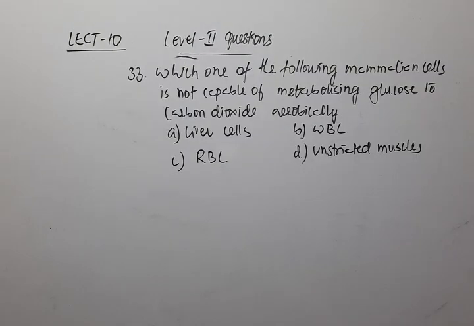The next question: which one of the following mammalian cells is not capable of metabolizing glucose to carbon dioxide aerobically? To metabolize glucose to carbon dioxide aerobically, the cells must have cell organelles, especially mitochondria.